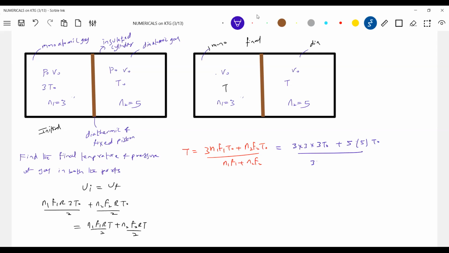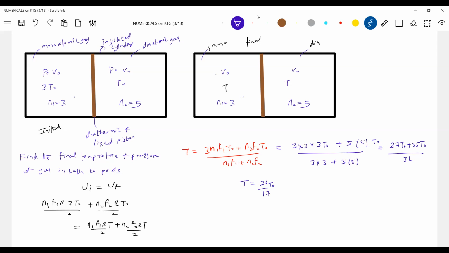Number of moles 3, degree of freedom 3; number of moles 5, degree of freedom 5. So 27 T naught plus 25 T naught, over 9 plus 25, which is 34. So the final temperature of the gas will be 52 by 34, that is 26 by 17 T naught.